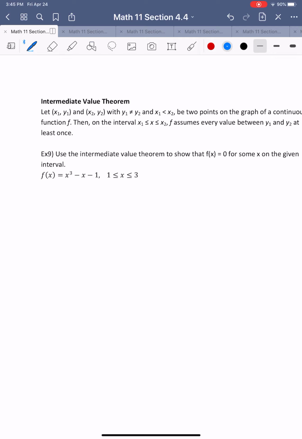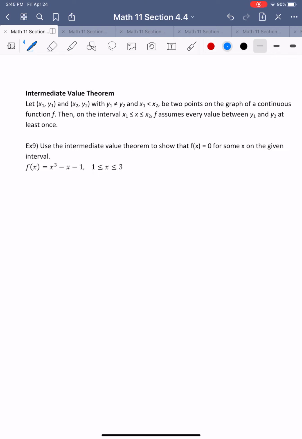Now, we want to think about the intermediate value theorem. Let (x sub 1, y sub 1) and (x sub 2, y sub 2), with two different y's and x sub 1 less than x sub 2, be two points on the graph of a continuous function f.